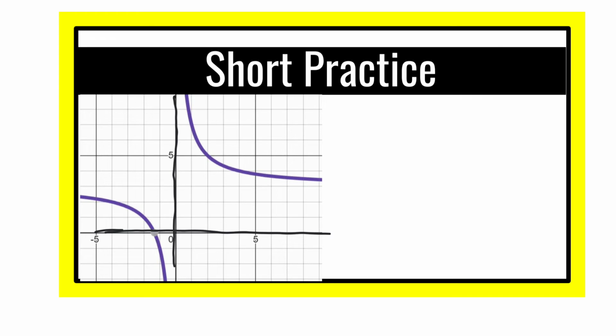So you can see the vertical asymptote. Okay, so the vertical, the y-axis, has not moved. It's still down here, but the horizontal has been moved up here. The horizontal has gone up 3.